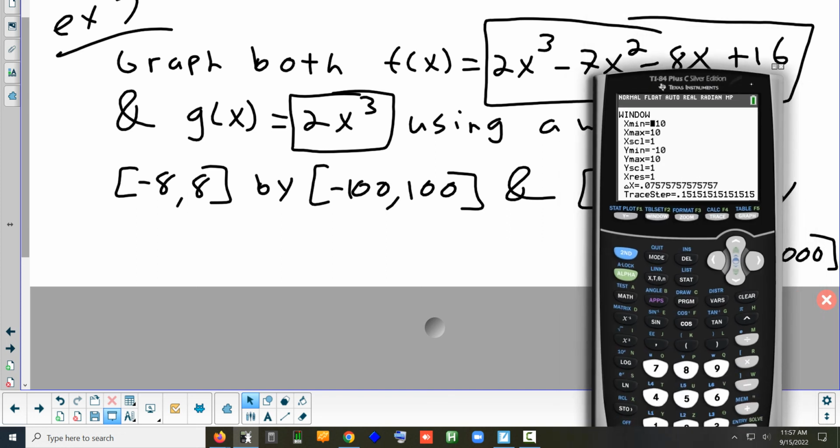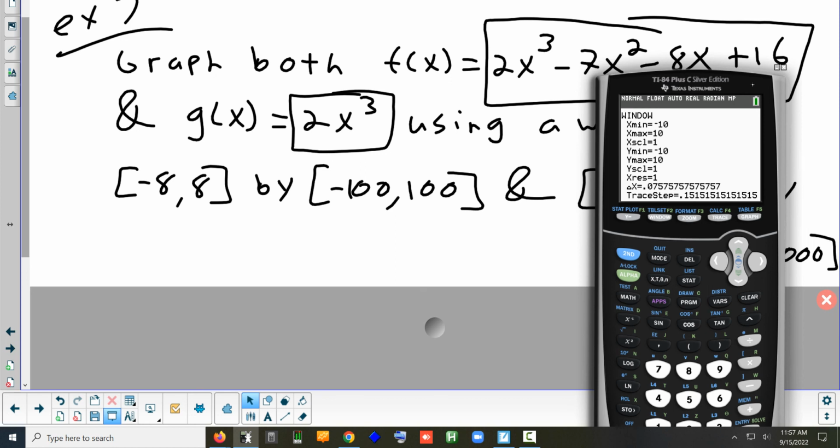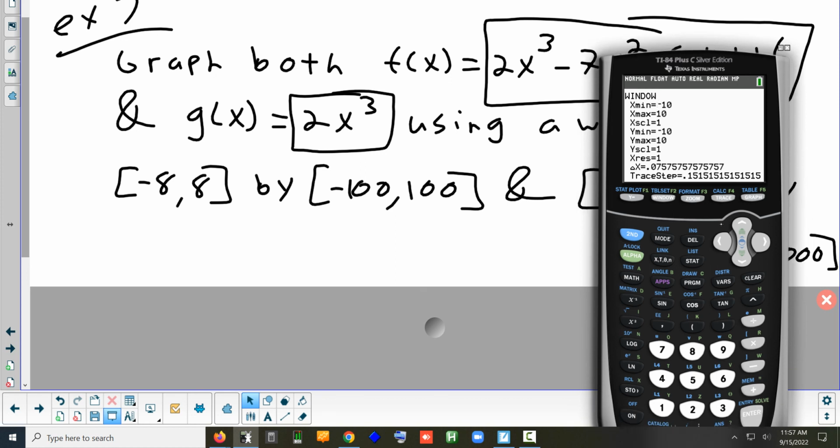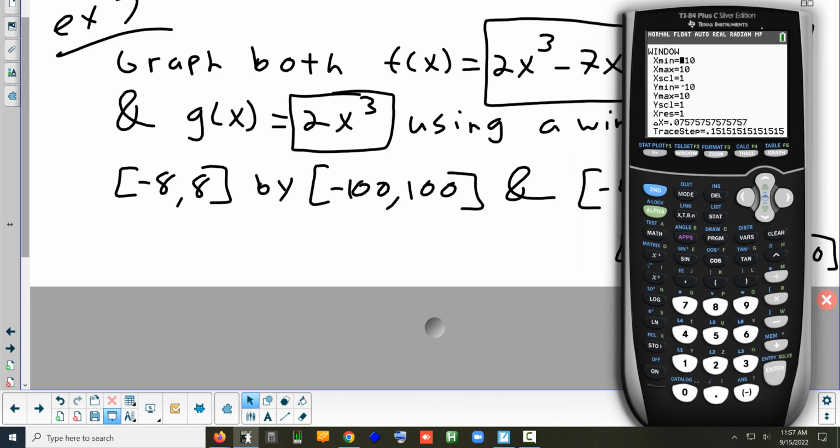Let's set our window. Negative 8 to 8. Where are those going? Those are the x min and x max. And the negative 100 to 100, the y min and the y max.